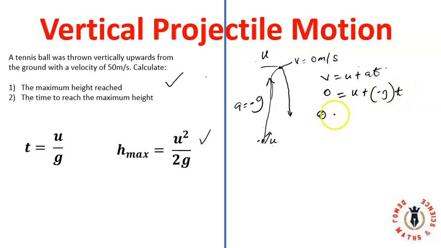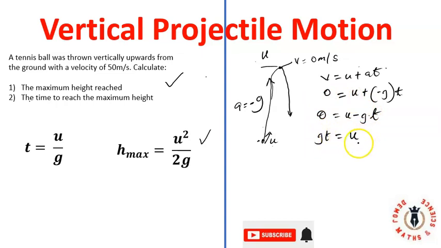So 0 is equal to u minus gt. My minus gt can come to this side of the equation, so that gt is equal to u. Now, if gt is equal to u, obviously t is equal to u over g.